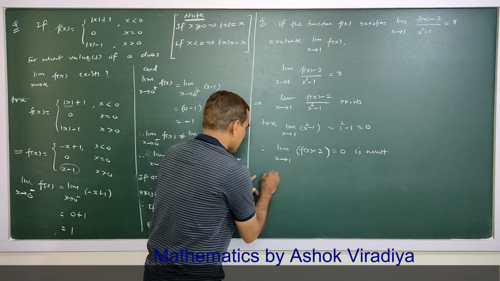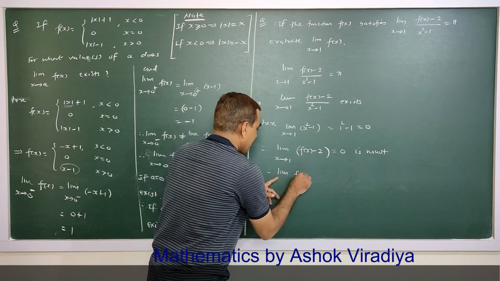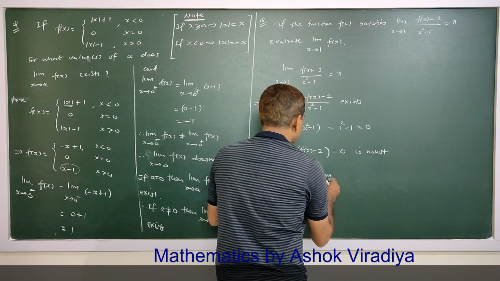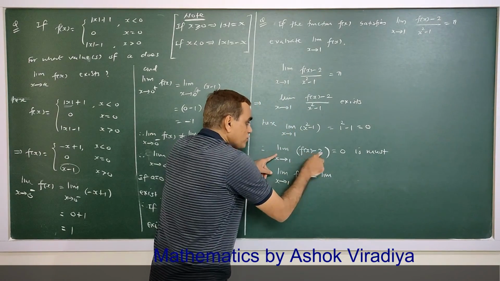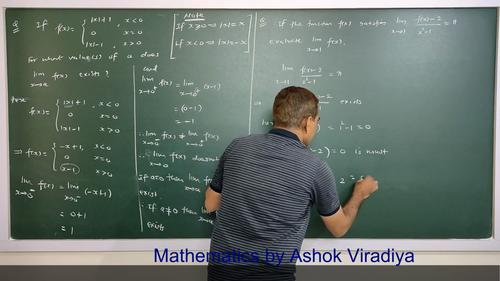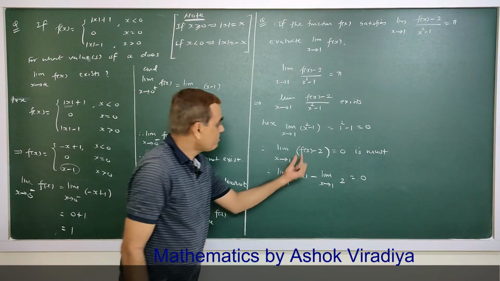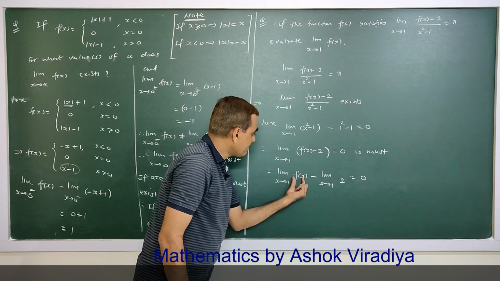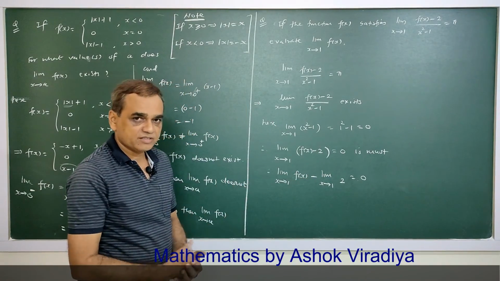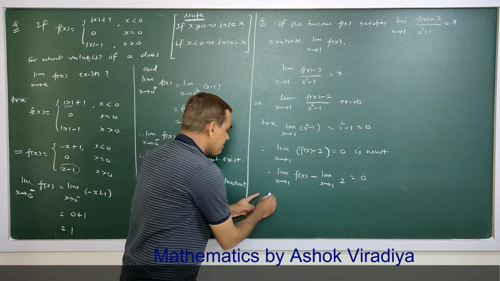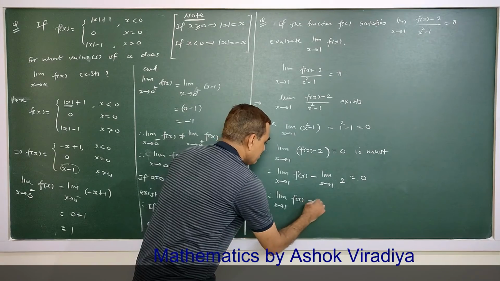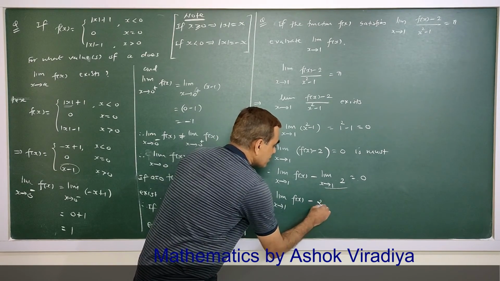And this is possible if limit of f(x) as x tends to 1 minus limit of constant equals 0. The limit of f(x) minus g(x) is the limit of f(x) minus the limit of g(x), individual limits. Therefore, the limit of f(x) as x tends to 1 minus, now the limit of a constant is the constant.